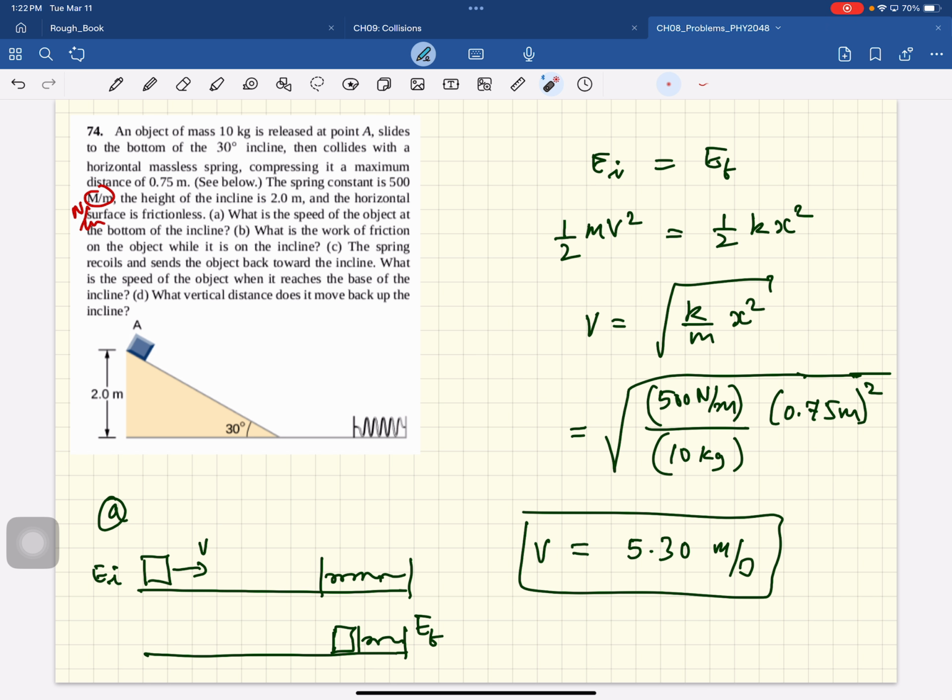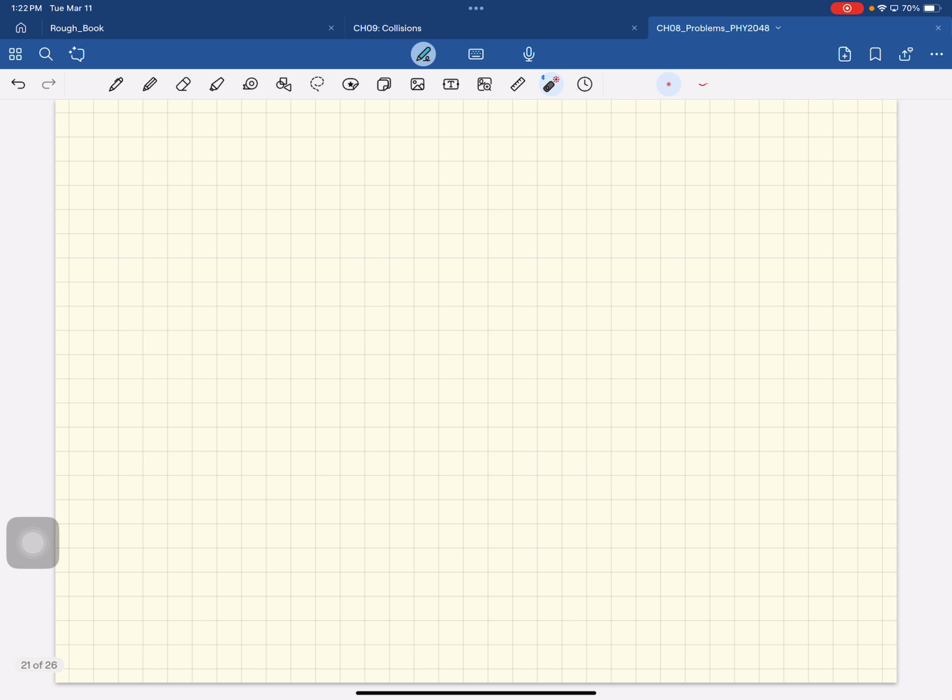Now, I'll do a quick calculation. When an object falls through a height h, and if there is no air drag, 1/2 mv square equals mgy. v is square root of 2gy.